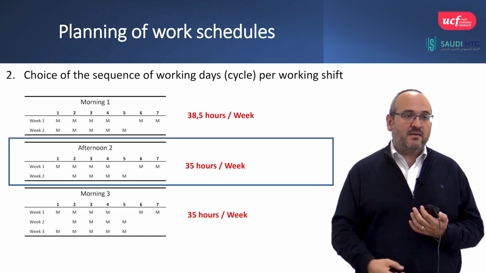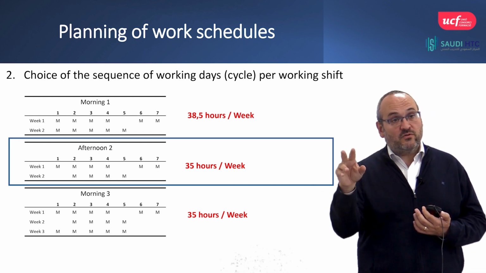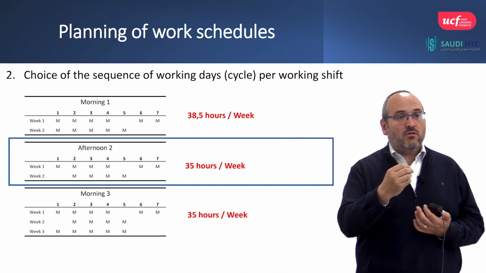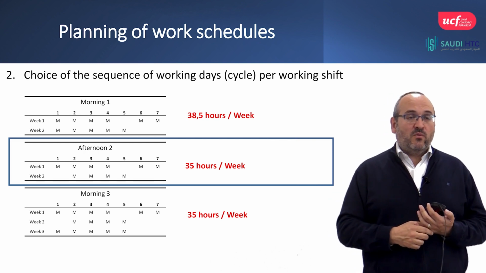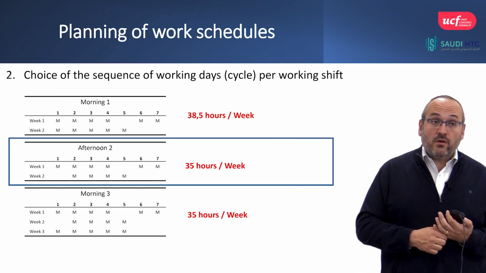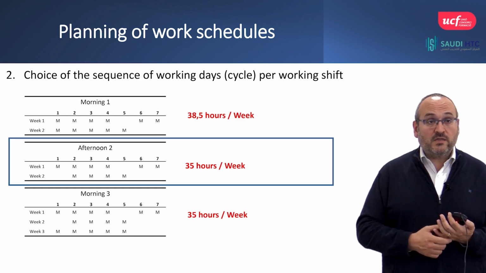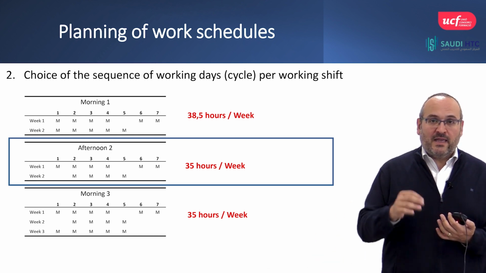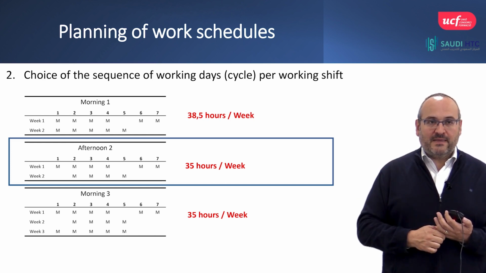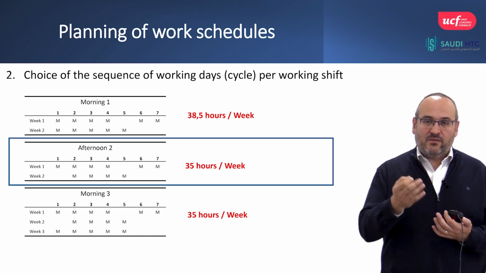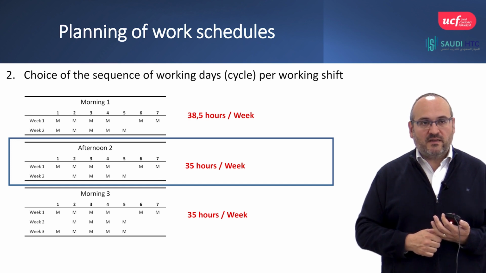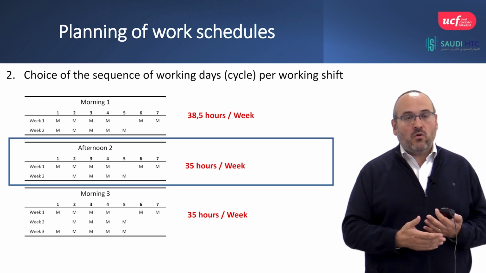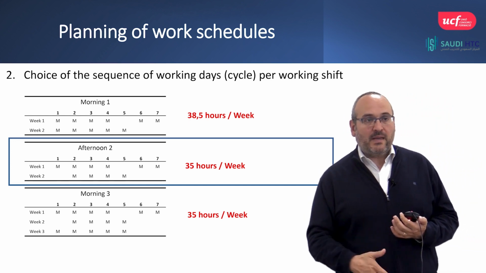You see also that we present you with a morning shift at the bottom of the slide where it's a 3-week cycle where you work 1 weekend out of every 3. That would also be a good option to consider since it fits the 34.72 hours that we saw on the previous slide. For the example we are working on, I have considered that the appropriate shift is the one marked in the blue box.